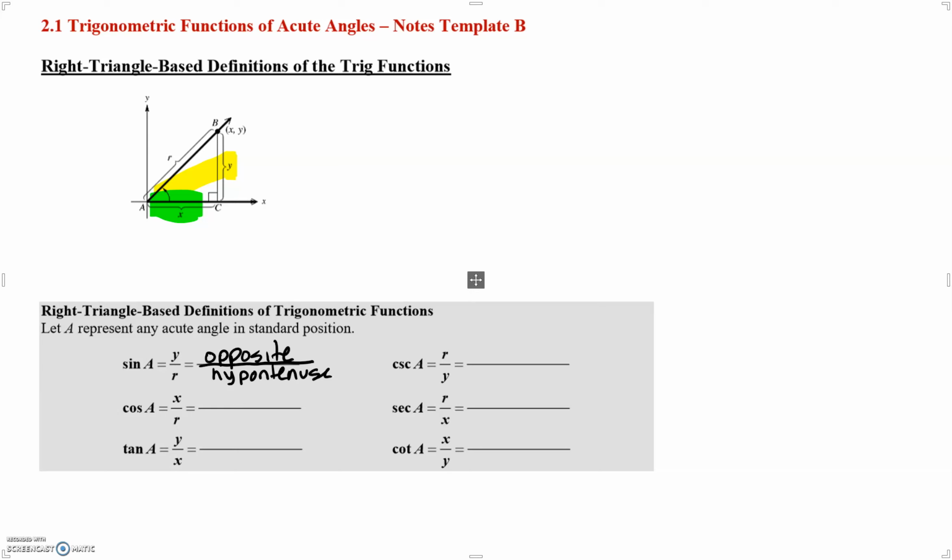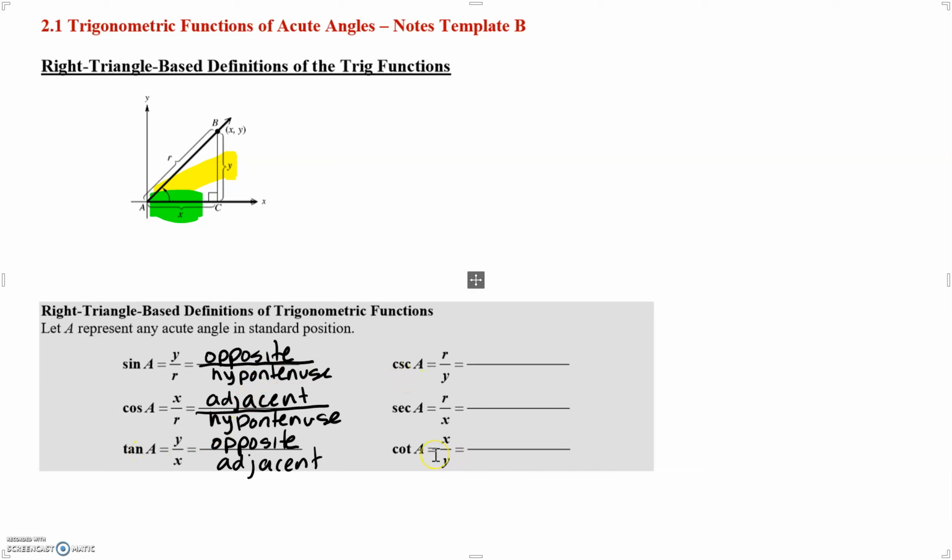So I'm going to call this the adjacent, over still r, the hypotenuse. Tangent, well, now we have it. Tangent is the y, which happens to be the opposite, over the adjacent. So we now have the ratios for sine, cosine, and tangent.